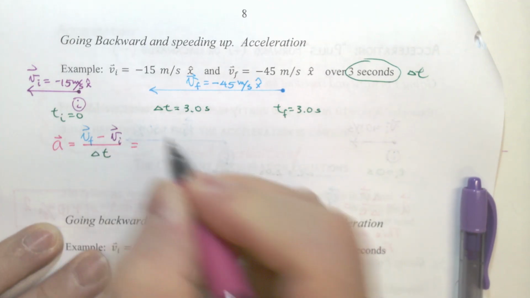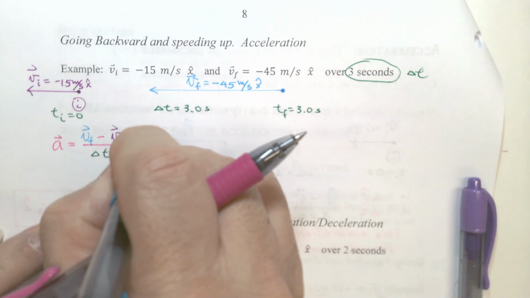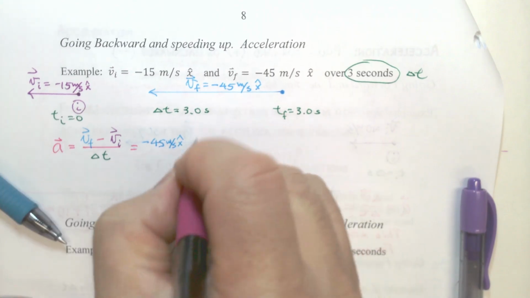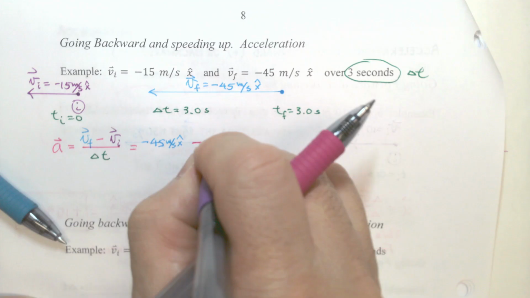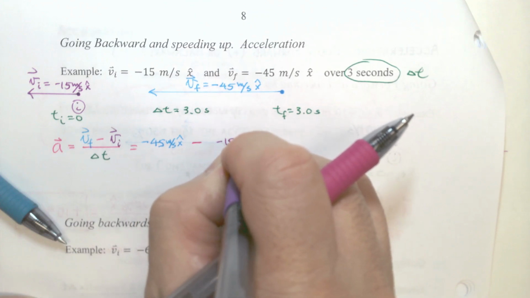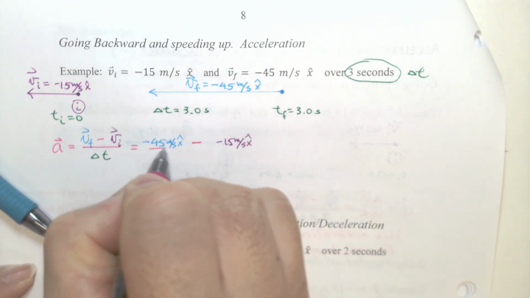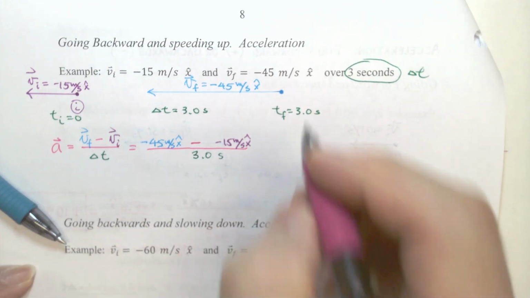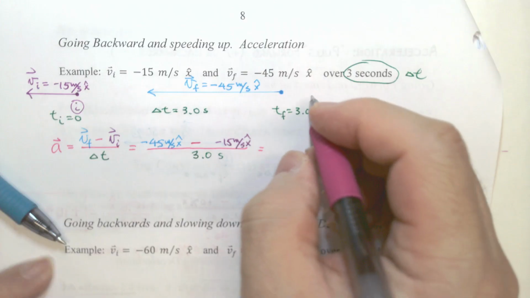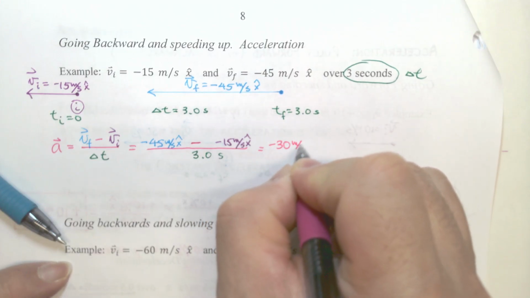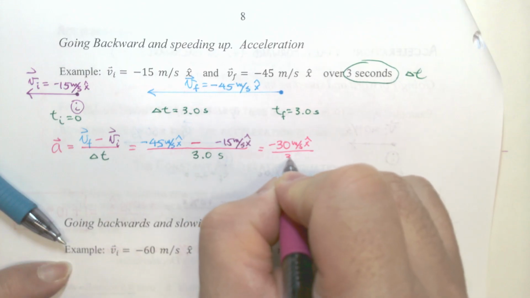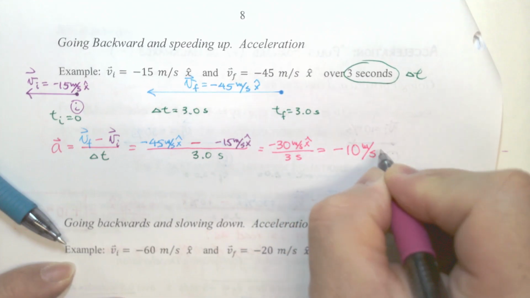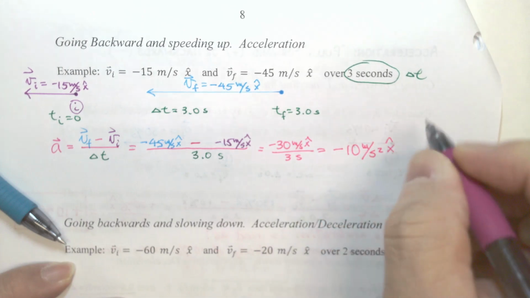Therefore, your acceleration should come out to negative 45 meters per second x hat minus negative 15 meters per second x hat, whole thing over 3 seconds, and this should come out to negative 30 meters per second x hat over 3 seconds, therefore negative 10 meters per second x hat. All right?